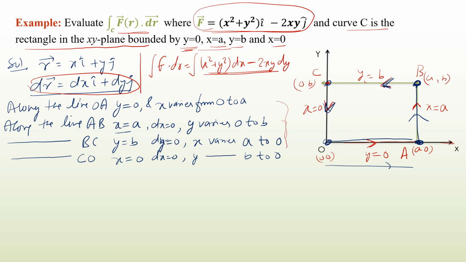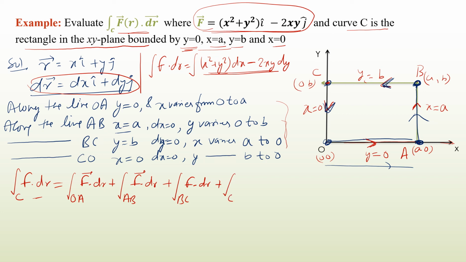After writing the limits, you have to remember in which direction you are integrating. C is a curve, or we can say the line, so we first break the integral into the integral along OA of f dot dr, along AB of f dot dr, along BC of f dot dr, and along CO of f dot dr.